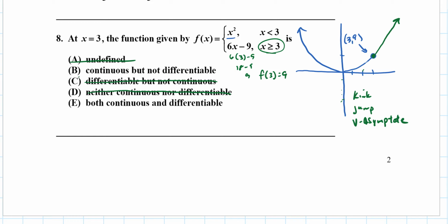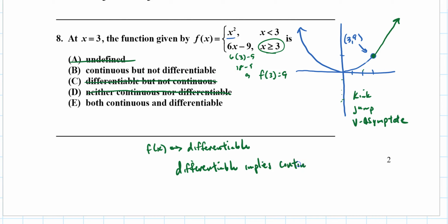Here's what we need to remember. Is there a kink, a jump, or a vertical asymptote in this problem? No, there is not. So that means this function, f of x, is for sure differentiable. And we discussed in class that differentiable implies continuous at x equals a.